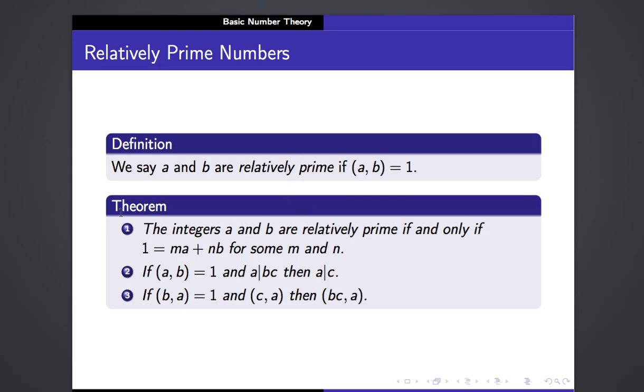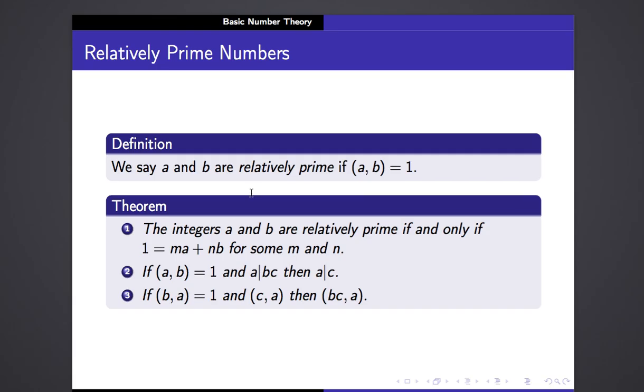Okay, so here's the theorem, a very important theorem. The integers a and b are relatively prime if and only if 1 equals ma plus nb for some m and n, right? So this is familiar to the previous theorem we talked about, right?